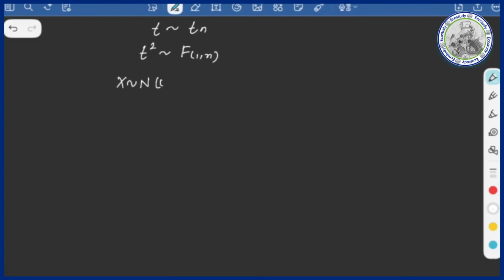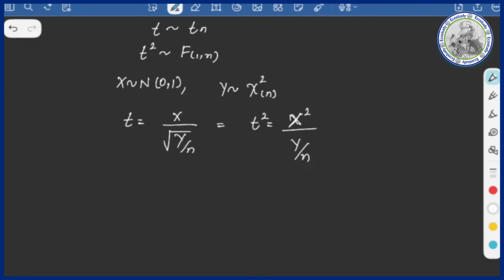Suppose x follows normal 0 1, and y follows chi-square with n degrees of freedom. So what is the t distribution? t is x upon square root of y upon n. Now take the square on both sides, that is x square upon y upon n.